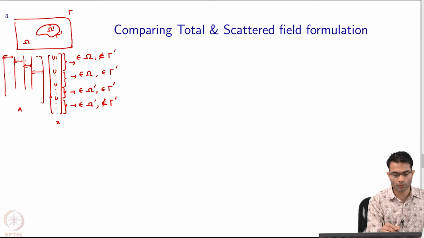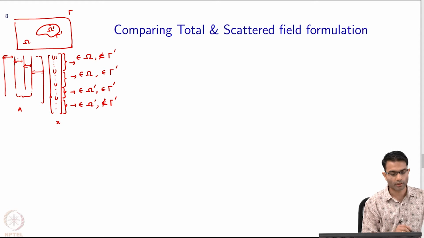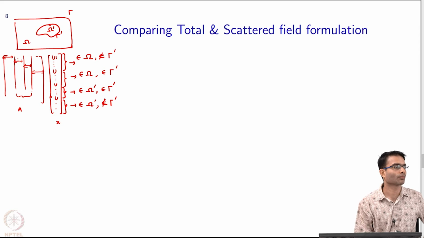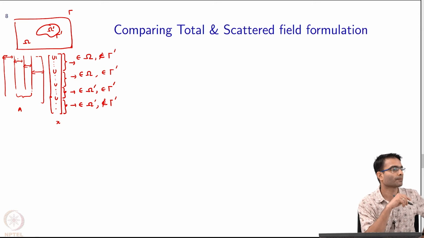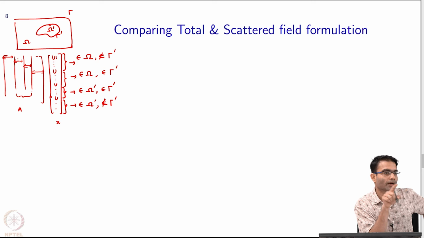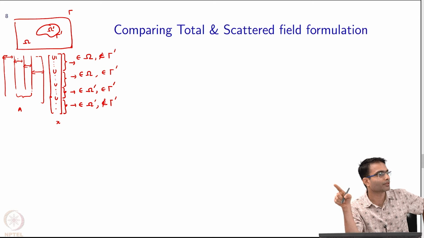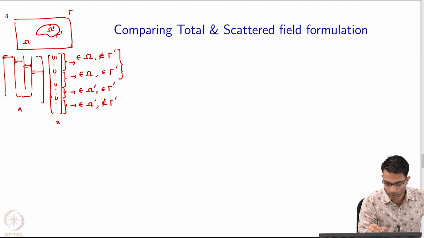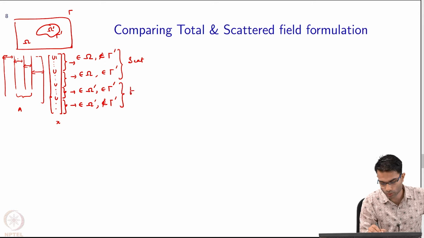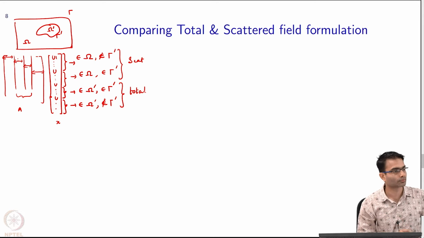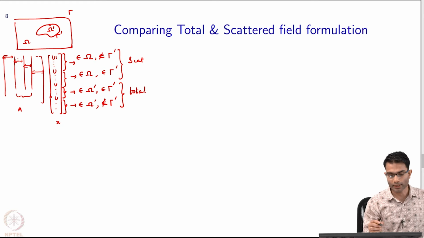So when it comes to these 2 sets of edges, 2 and 3, what kind of coefficients will there be? 1 minus 1, and the right hand side will have incident field, because these are scattered, these are total, because I am trying to represent.